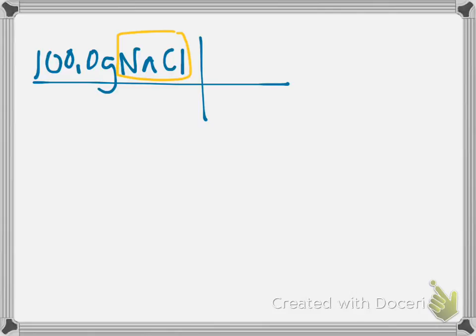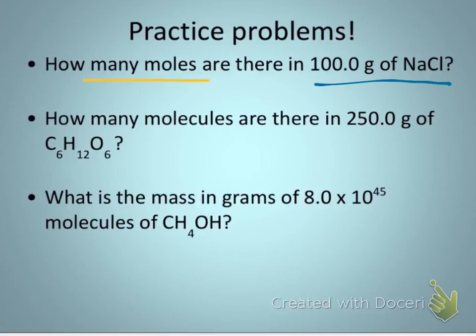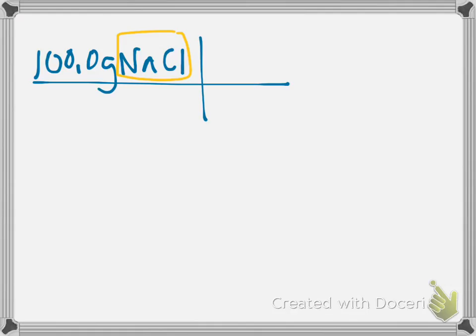Okay, so we have 100 grams of sodium chloride. What do we want to know? We want to know how many moles there are. So we know in any factor label what's going to go here: units and chemical. What's going to go down here? We're going to put in grams of sodium chloride because we have to have the same units and chemical on top and bottom to cancel.